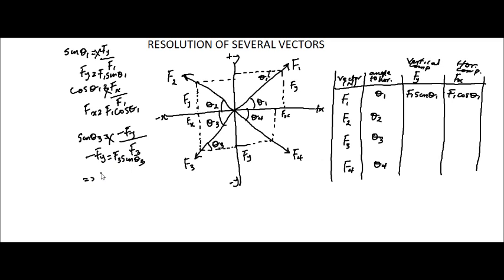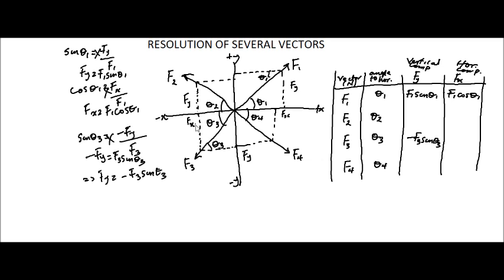So this implies that F subscript y is equal to minus F3 sine theta 3. So we can put this here, that is minus F3 sine theta 3. So that's F of y.